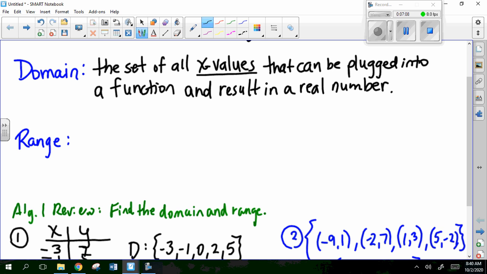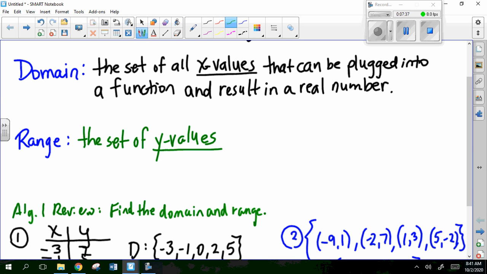So that's our formal definition for a domain. Essentially, it's all the x values, but it's all the x values that are allowed in that function. And so the range is going to be the set of all y values. Now you have to understand that when you plug an x value into a function, the answer is a y value.